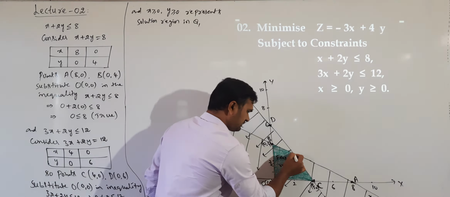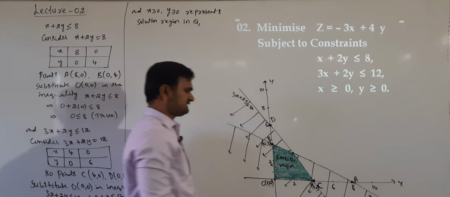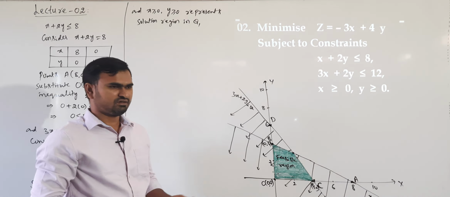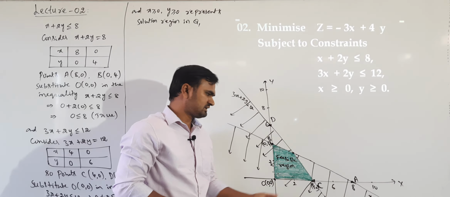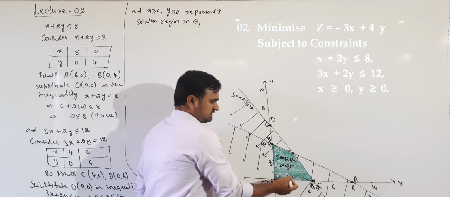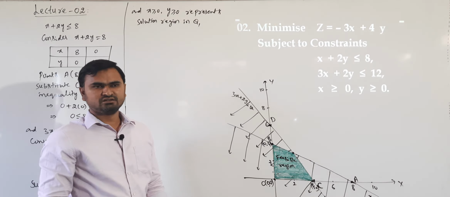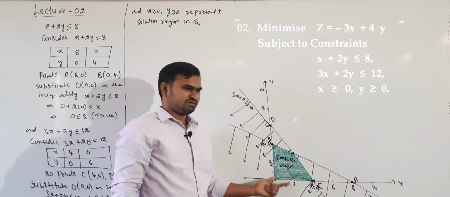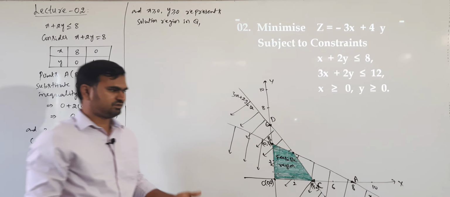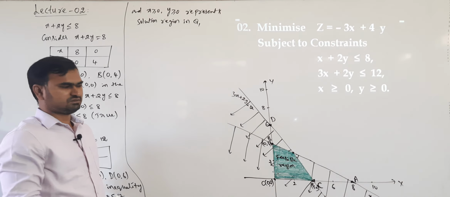Now we have another boundary point here that is not known. If you draw the graph sheet clearly and correctly, we can find this point directly from the graph sheet. Here I am drawing on the board, so I don't know what that point is clearly. So how to find this point?